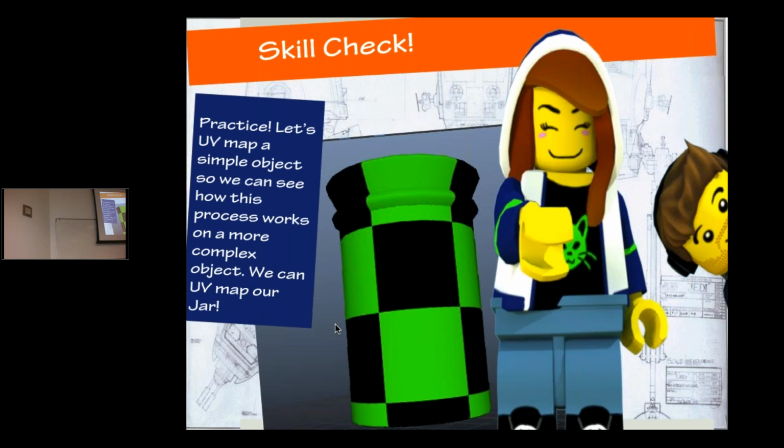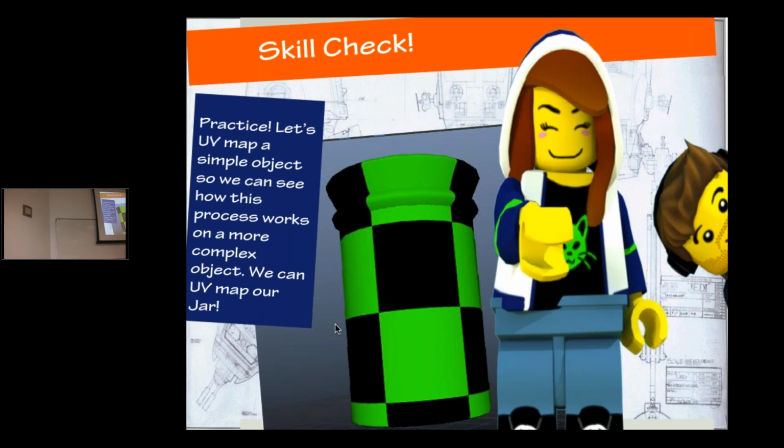Since I'm showing you how to UV map, do you guys think that this is going to be part of one of your turn-ins coming up? Yeah, you know it is. There's going to be a turn-in where you're going to be UV mapping the objects that you've built. And what you will start to understand very quickly is that the quality of the model that you build absolutely affects the ease and the quality of the UV layout that you can generate. Does that make sense?